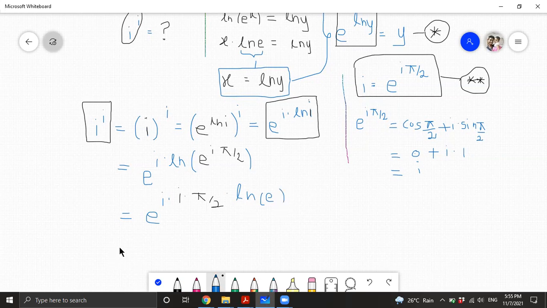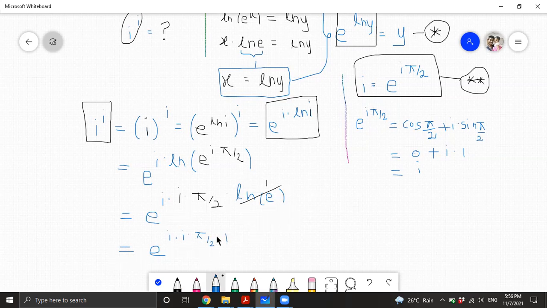And we also know that ln of e, or log base e of e, is equal to 1. So that gives us e to the power i into pi by 2 into 1.